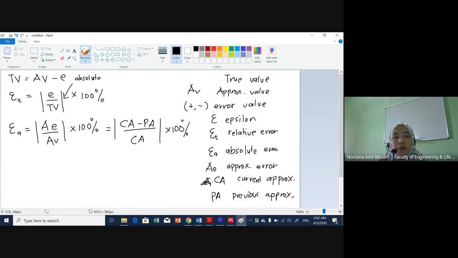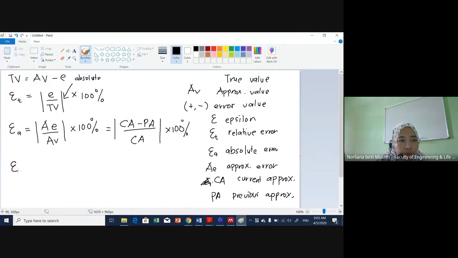If the situation contains the approximation error and the approximation value, we use the first formula. If there is a question regarding the number of iterations, we use the second formula. This second formula is commonly used for problems related to iteration, where there is some repetition of the calculation.